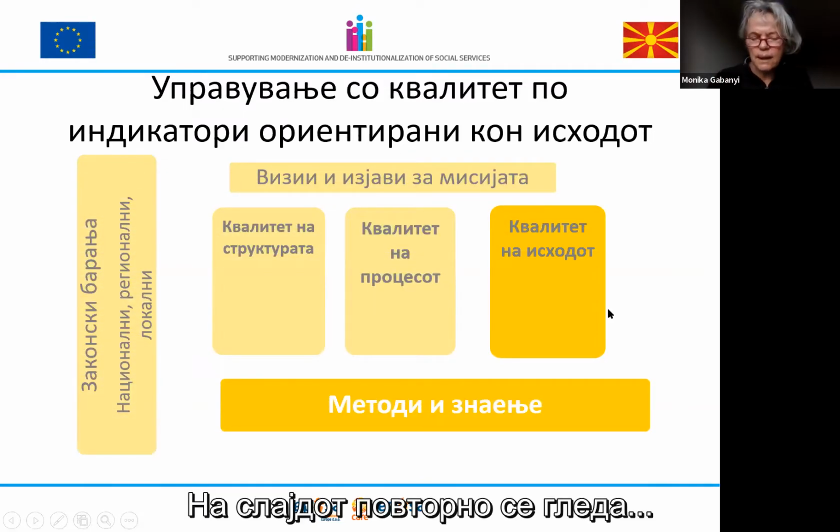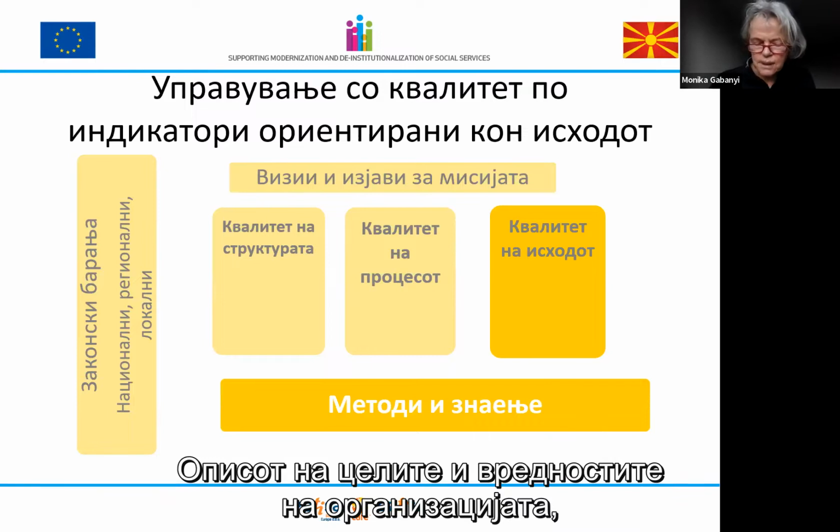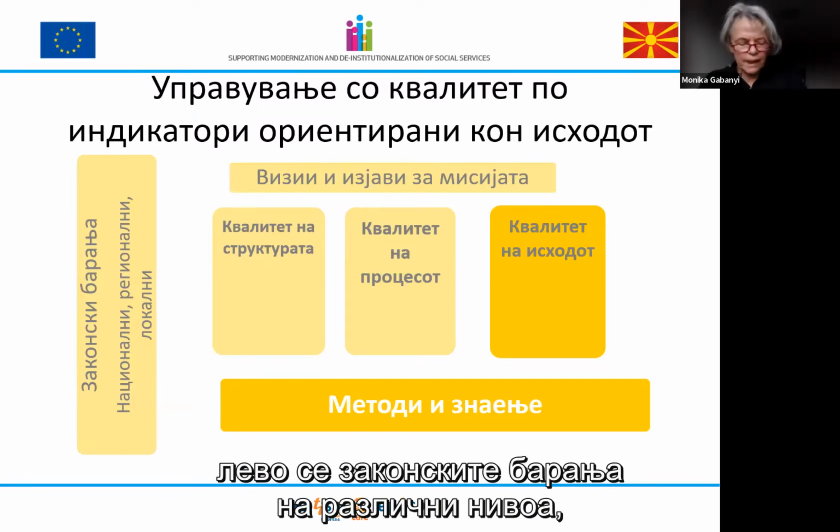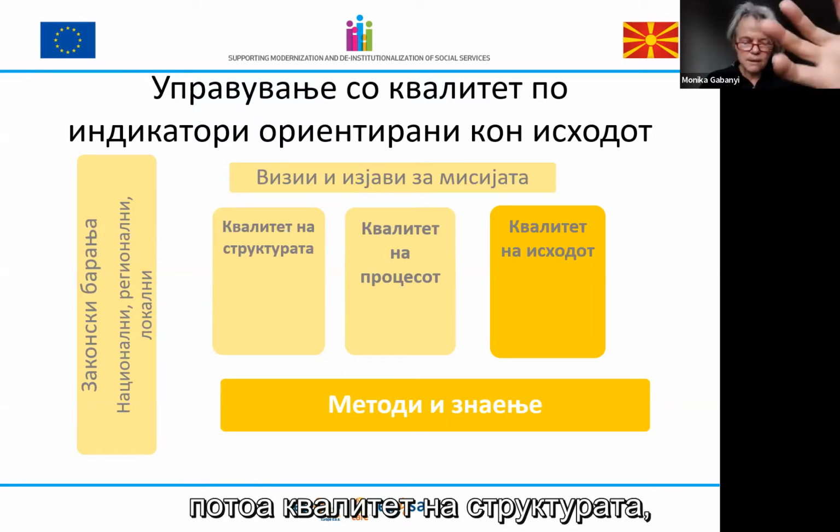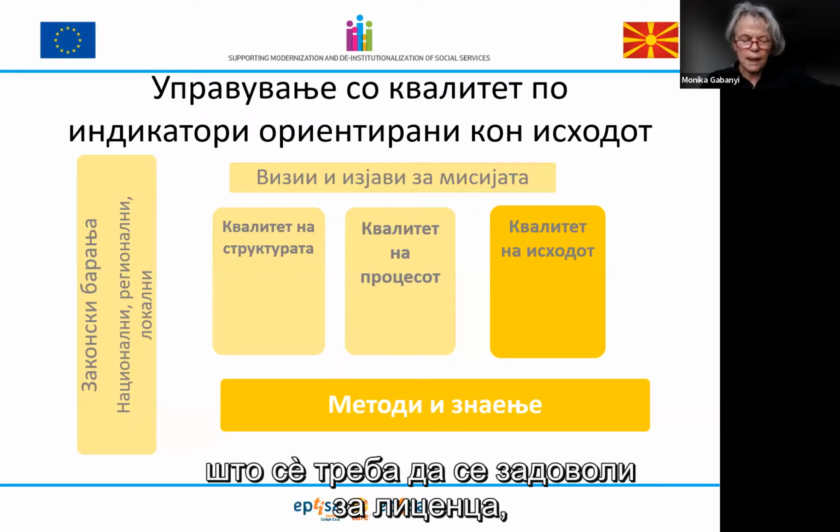So this, again, you can see here on this slide, the vision and mission statements. You have on the left side the legal requirements, national, regional, local, whatever. Then the structure quality. This is how to become licensed.